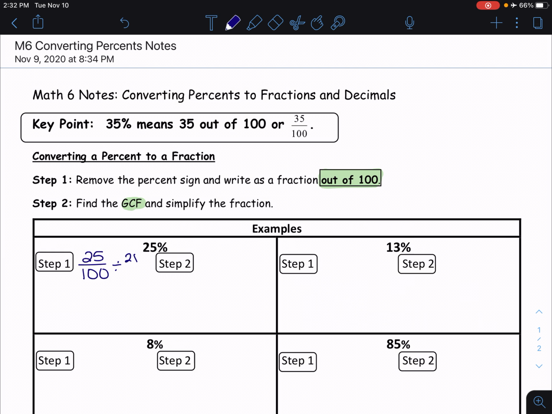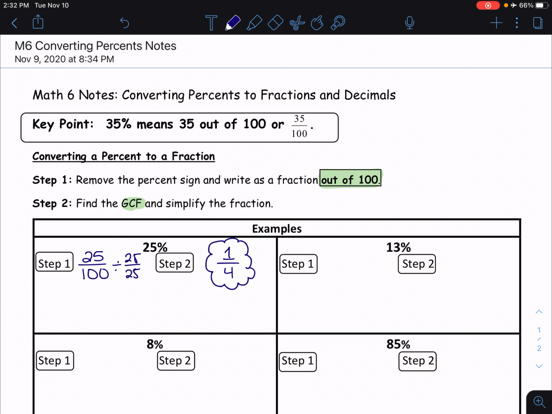So I'm going to divide by 25 on both the top and the bottom. So 25 divided by 25 is 1, and 100 divided by 25 is 4. So my fraction in simplest form is 1 over 4. Again, I started by writing the percent over 100 and then simplifying when possible.